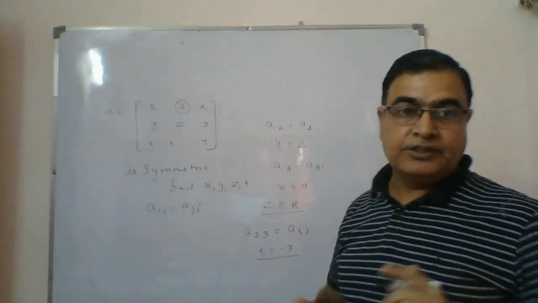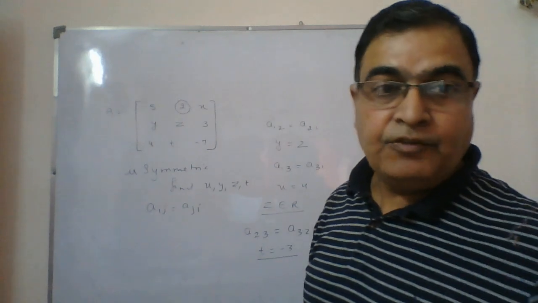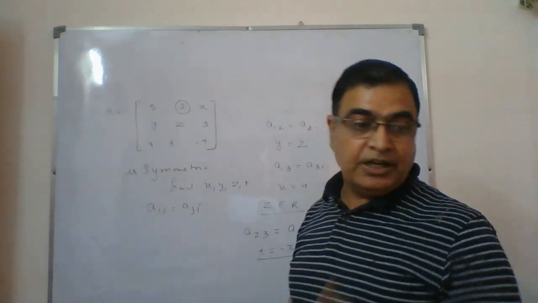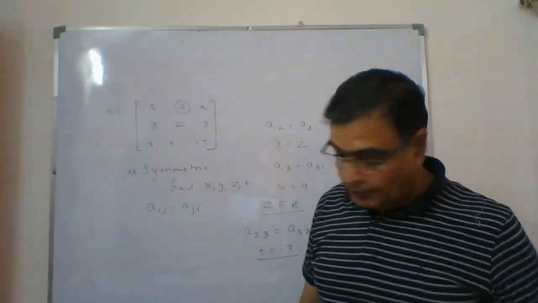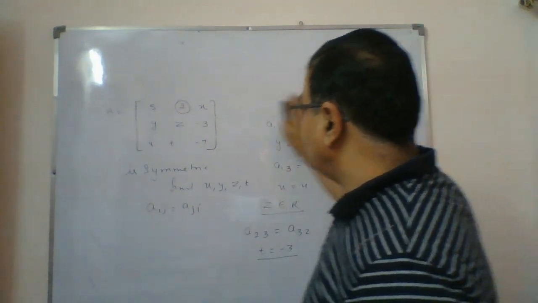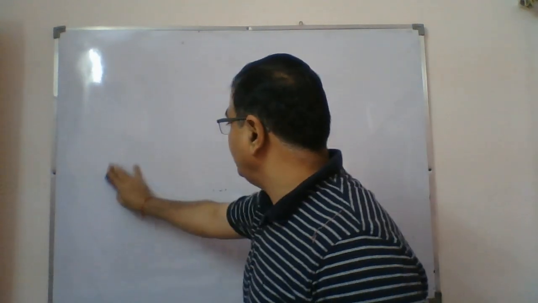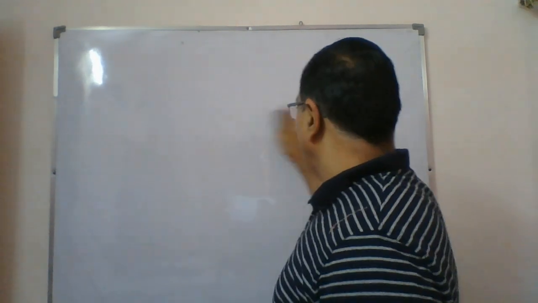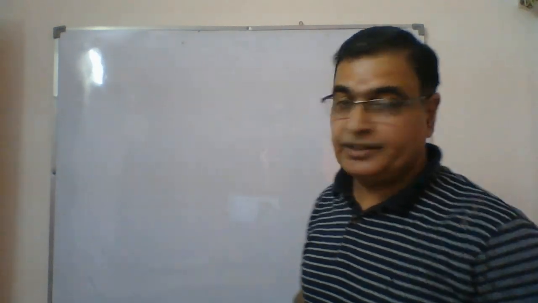This is the example in which the matrix is given as symmetric and we have calculated the unknown values. Now we are coming to the second part. One more question: a square matrix A that is symmetric as well as skew symmetric.